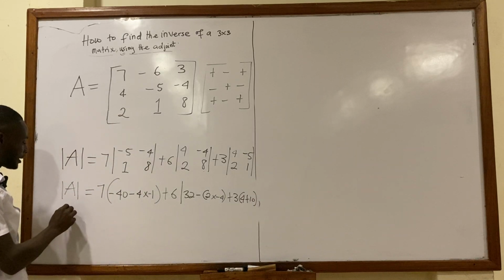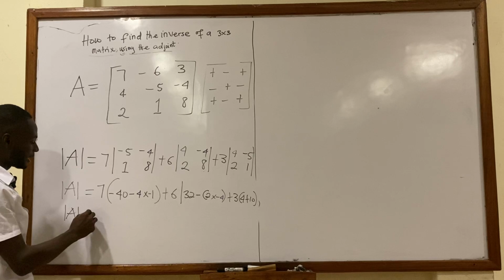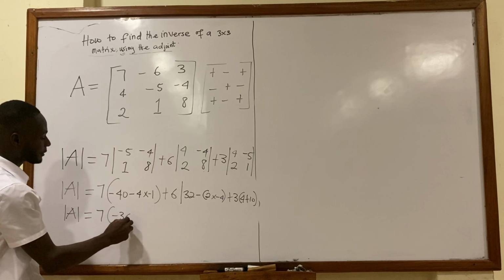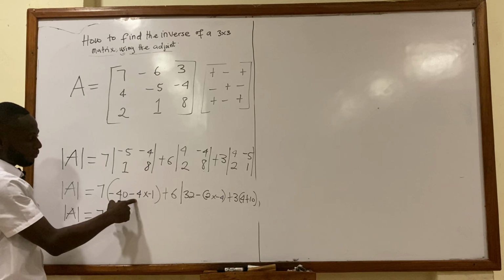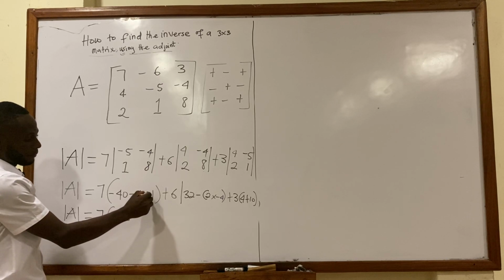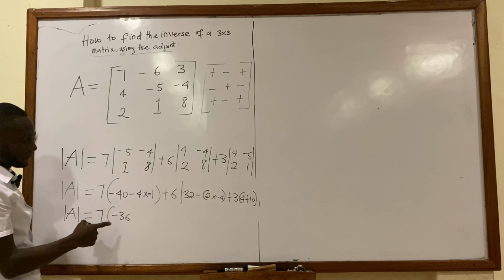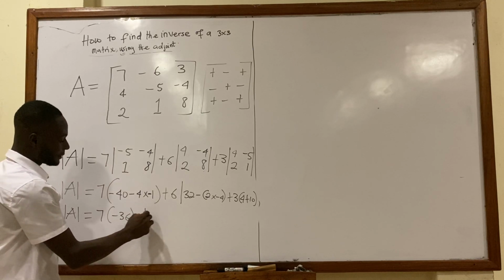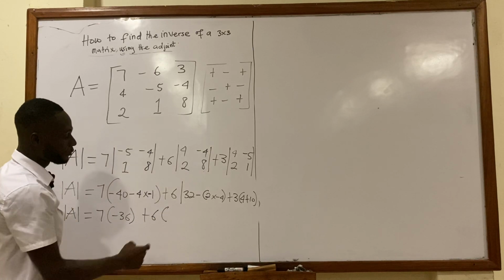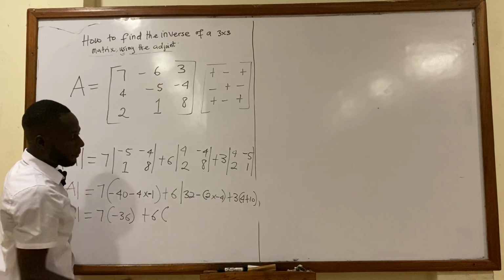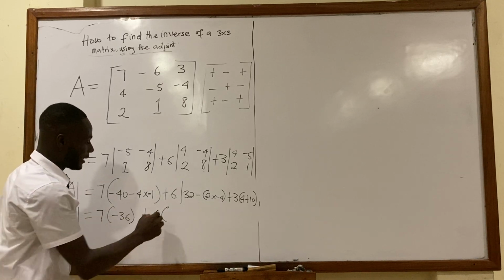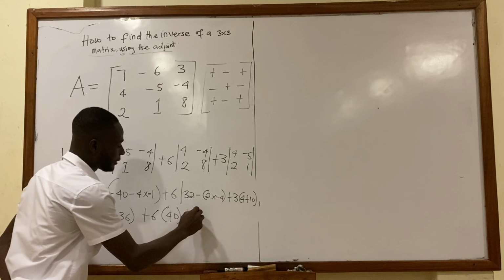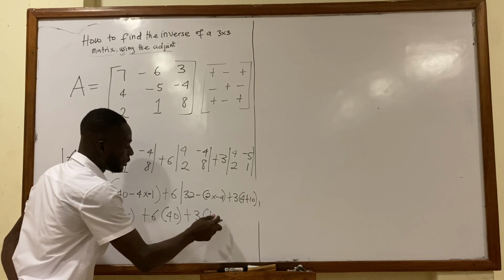So we say that the determinant of matrix A is equal to 7 into minus 40 plus 4, that would be minus 36, plus 6 into 32 plus 8, and that will be 40, plus 3 into 14.